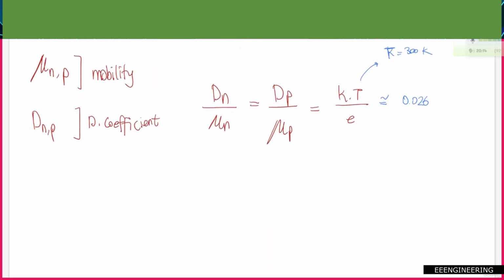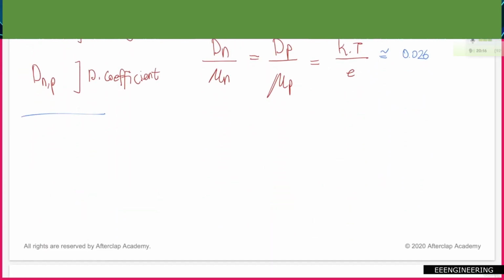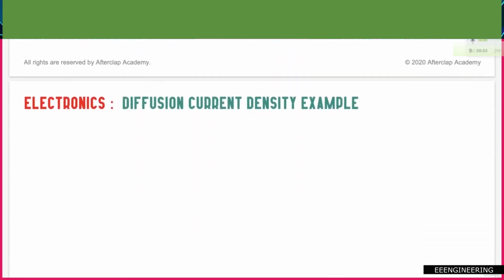Also, if you are ever asked to get the total current density, in that case you just add the diffusion current density and the drift current density. It is that easy. Let's also expand the idea behind current density a little bit.